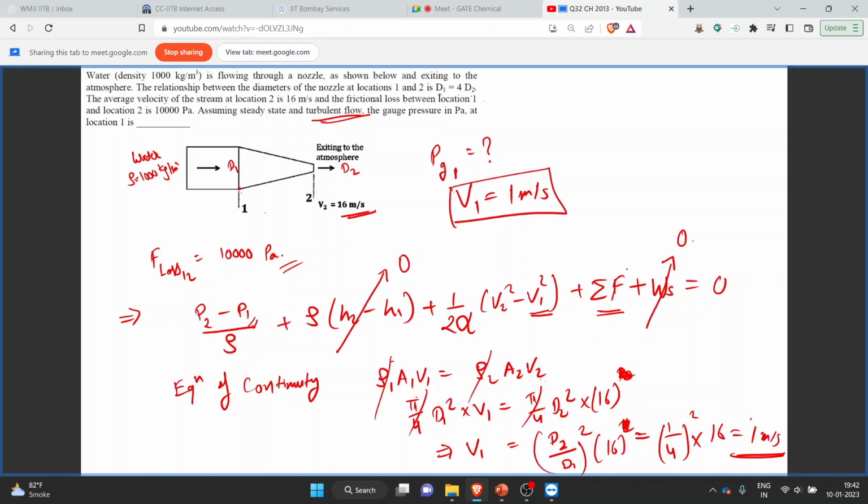Now the other thing that we have to find is friction losses. Over here we have been given that the friction loss between location 1 and location 2 is 10,000 Pascal. So we can write the friction loss in terms of P by rho as 10,000 upon rho. Now we will replace the value of V1 and this friction loss in this equation, and then find the value of this absolute pressure P1.